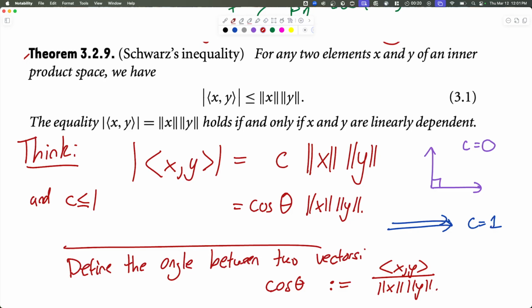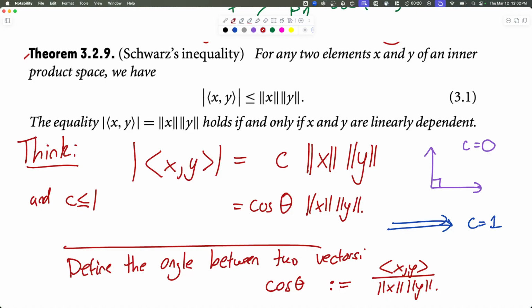And this is used in machine learning all the time. They have a vector that means cats and a vector that means dogs, and they say the angle between cats and dogs is 1 degree, and that means cats and dogs are very similar or something. So this is used all the time to make sense of high-dimensional vector spaces and to think about them geometrically. You can use the inner product to define the angle, and it's all kosher because of the Cauchy-Buyankovsky-Schwarz inequality. Because otherwise, it wouldn't be the cosine of anything. If it was equal to 2, there's no angle whose cosine is equal to 2.